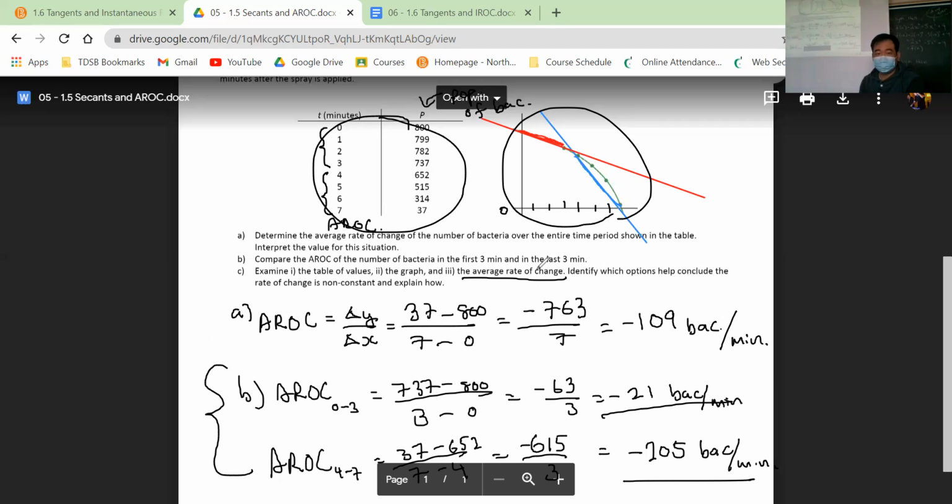Or rather, sorry, I'll say it one more time. Which one of these three, the table, the graph, and this, which one helps show you that the rate of change is changing? No. Pick out average. Which one of these three shows you that the rate of change is changing?